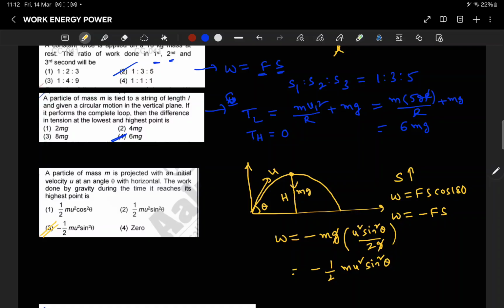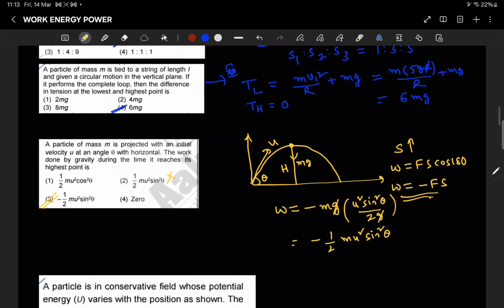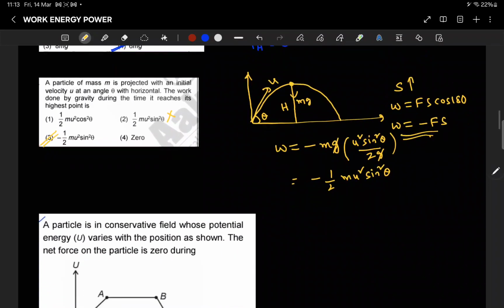Clear, students? Plus is also given, students. Very important. But here at maximum height, force is in the downward direction, the particle is projected vertically upward, displacement is upward and force is downward. Force and displacement are opposite, so work done by that force is negative. Plus is also given. Please see the options carefully.